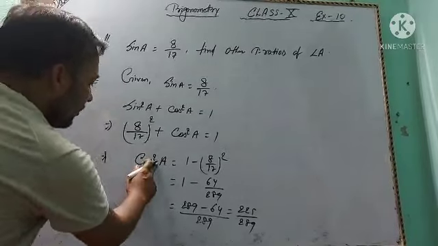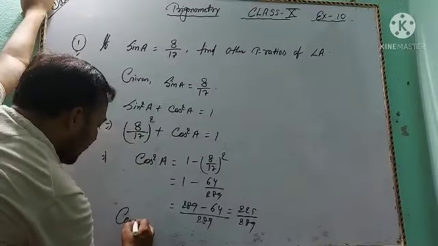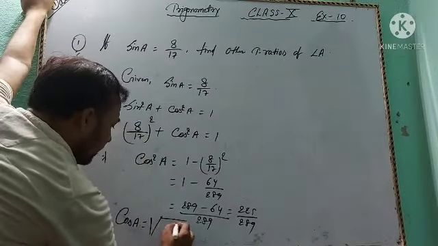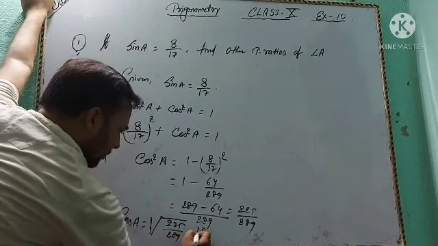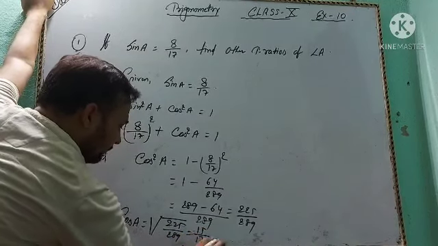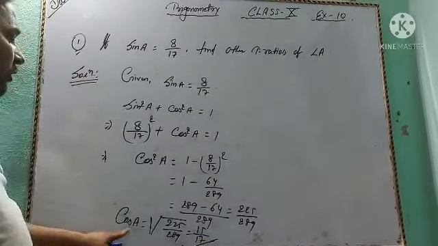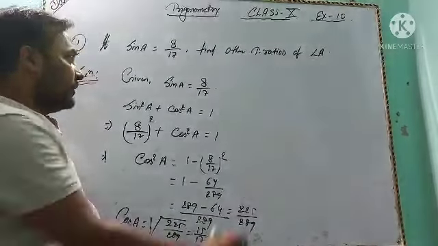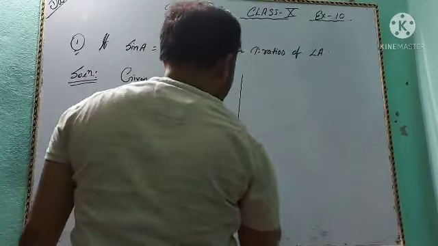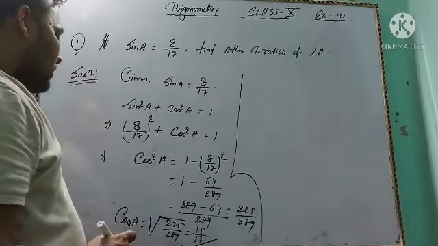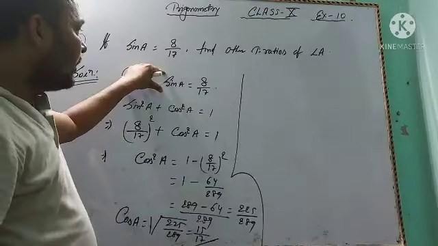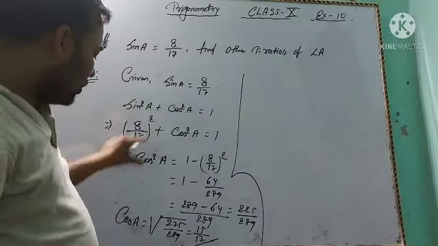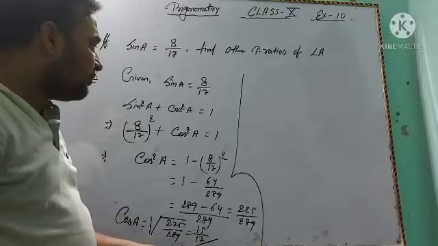Okay, so remove the squaring. So cos A is equal to root under 225 by 289, that is 15 by 17. Okay, so cos A is equal to 15 by 17.